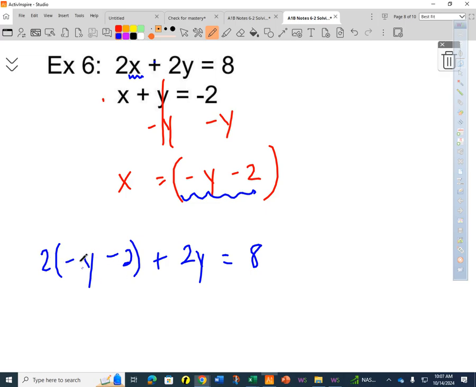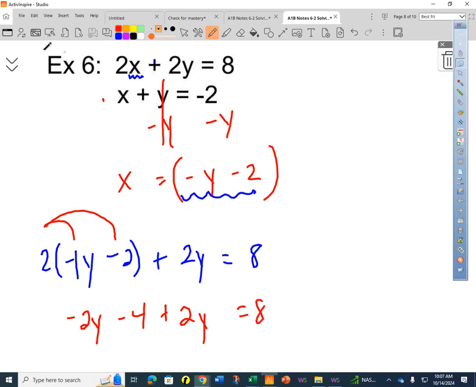What is the coefficient on y? We just threw the negative sign there. What's that going to be? Negative 1, right? So sometimes it helps kids remember how to distribute. So we're going to distribute. 2 times negative 1y is negative 2y. 2 times negative 2 is minus 4. We do not distribute the 2 here because it's separated by addition, so that's plus 2y equals 8.